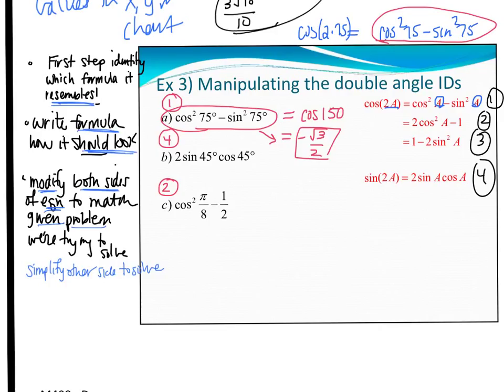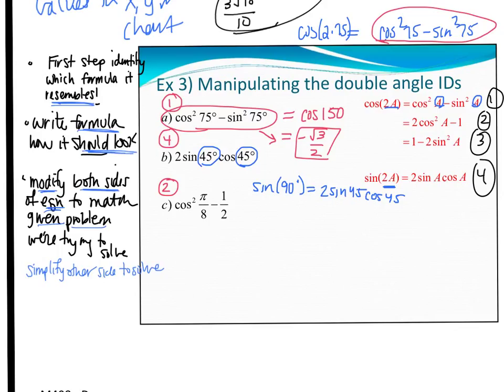Now for part B, it closely resembles equation 4. So the angle that we're dealing with here is 45 degrees. So when I double it, I get that the sine of 2 times 45, or 90 degrees, is equal to 2 times the sine of 45 cosine of 45.